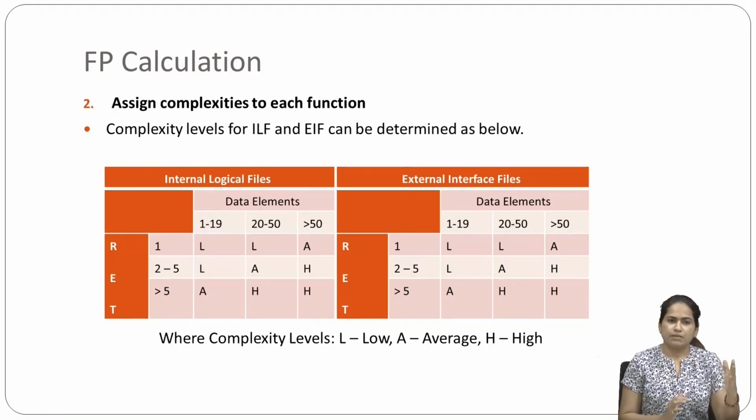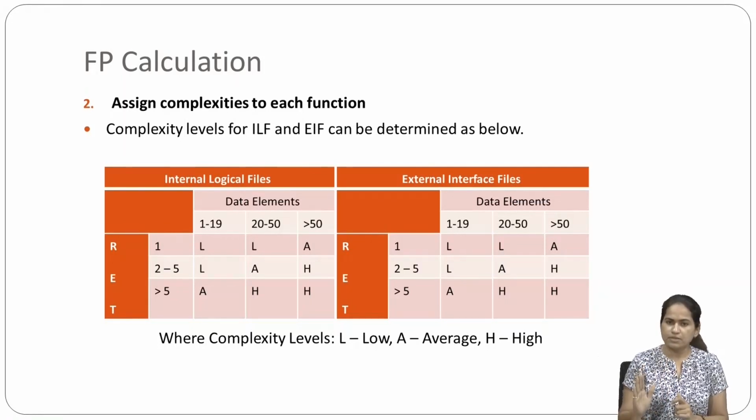Here we can see one table for the internal logical file, that is ILF, and one table for external interface files, which shows that if you have a RET value and data elements, then how much complexity level you will have. Suppose your RET is 1 and data elements are 1 to 19, then its complexity is low.